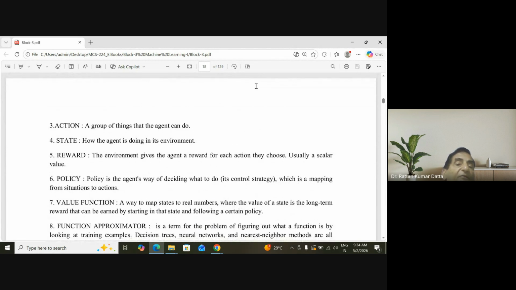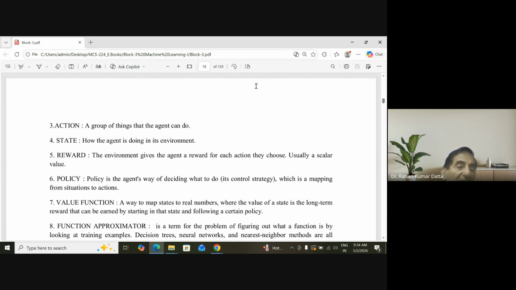Action is a group of things that the agent can do. State is how the agent is doing in the environment. Reward: the environment gives the agent a reward for each action they choose, and so on and so forth.